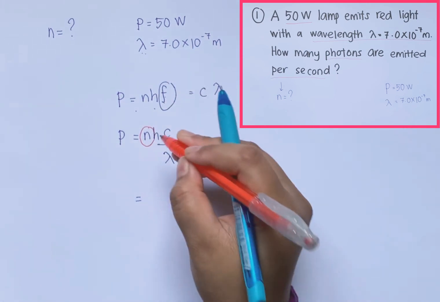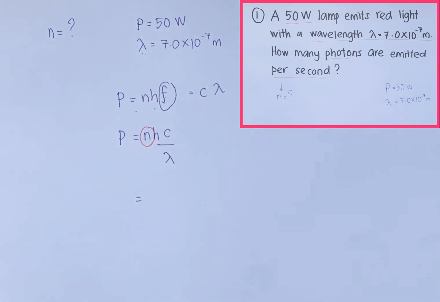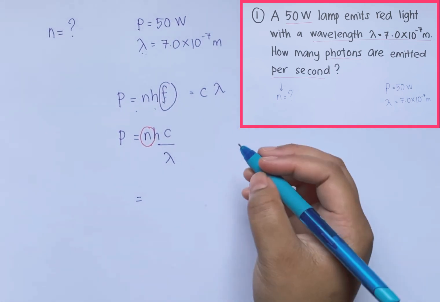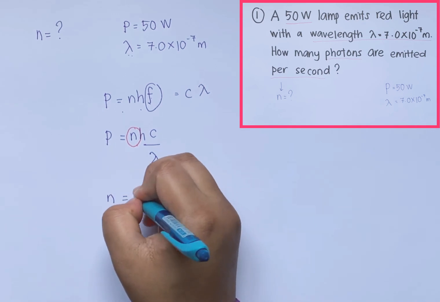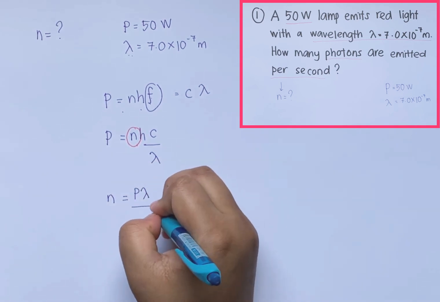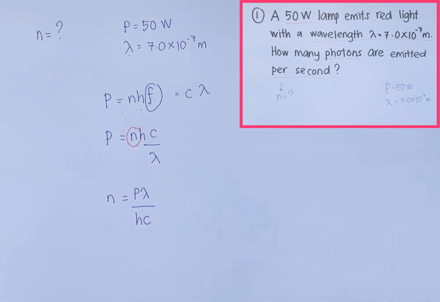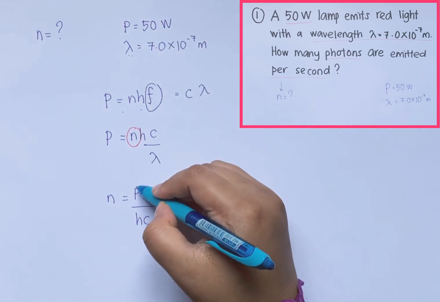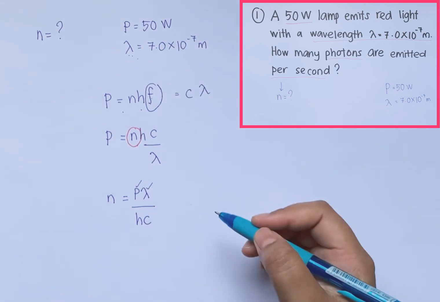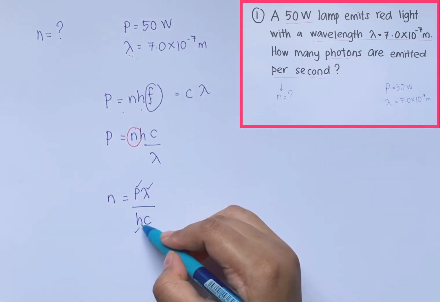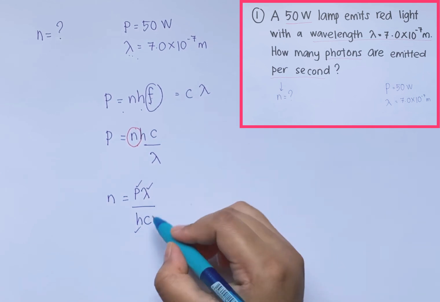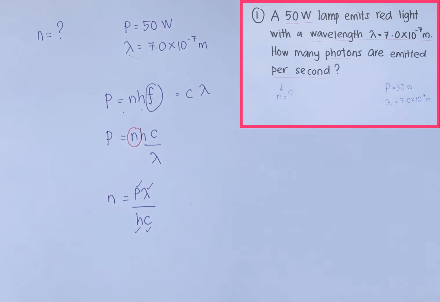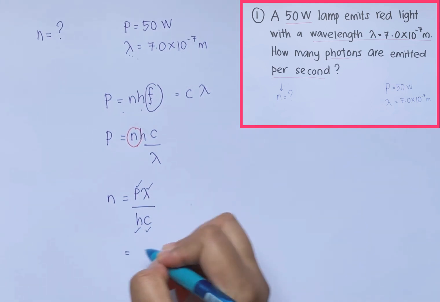We're going to leave N alone. So I'm going to rearrange the equation. We get N is equal to P lambda over HC. Now, do we have P? Yes. Lambda? Yes. H? Yes, because it is the Planck constant. And C, we also have the value because it is a constant. So we can substitute the values.